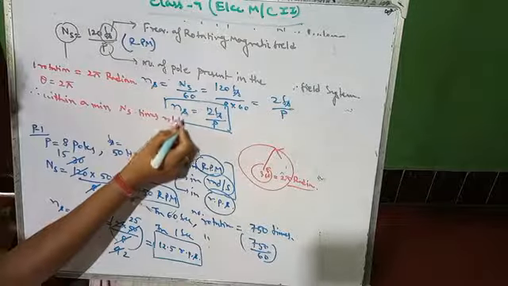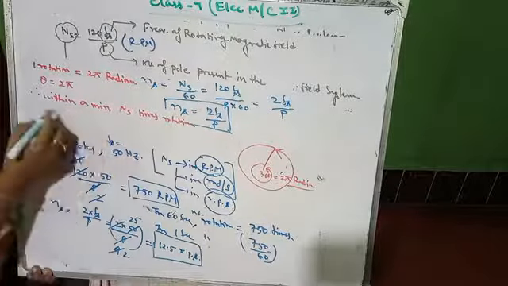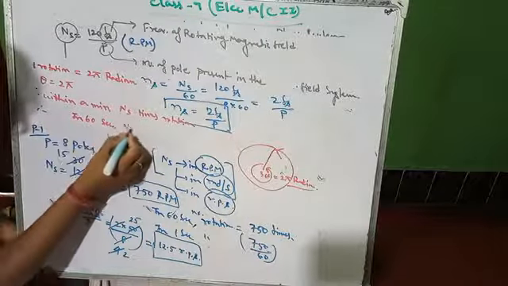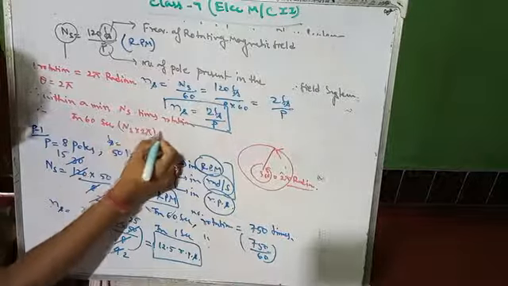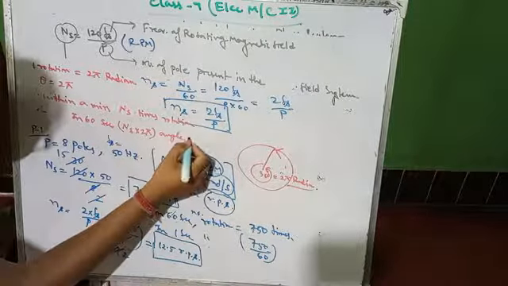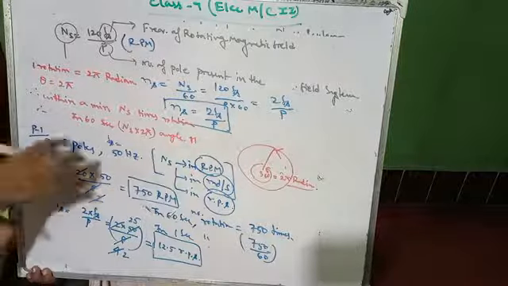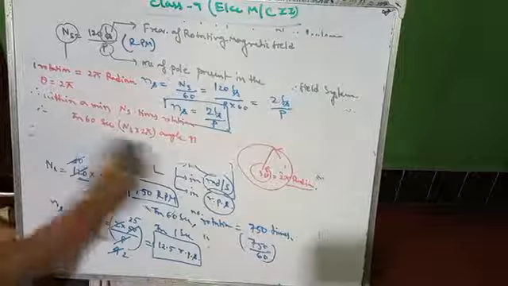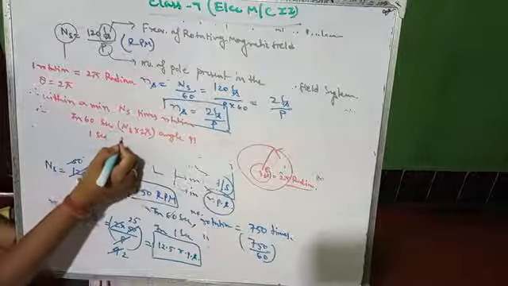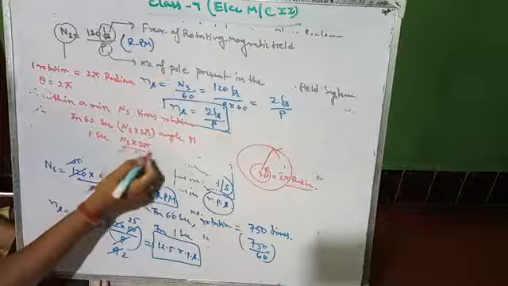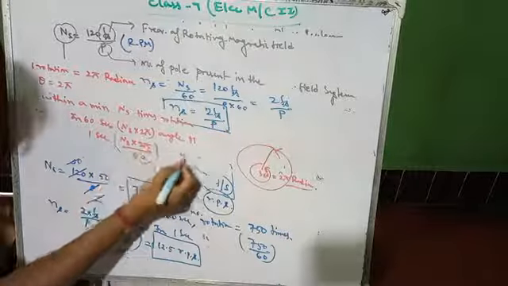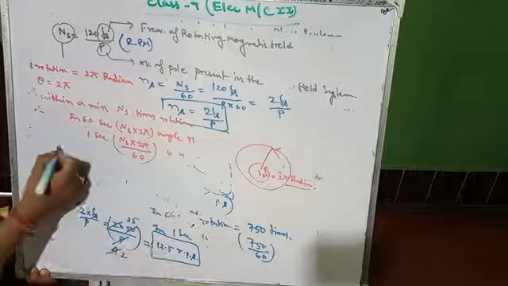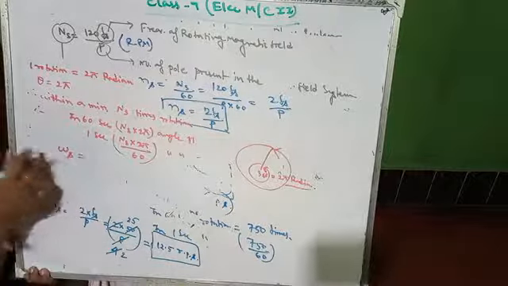Within a minute, in 60 seconds, ns into 2 pi angle rotation. So in 1 second, ns into 2 pi by 60 angle rotation. So your formula is the speed in rad per second, this is called omega s.